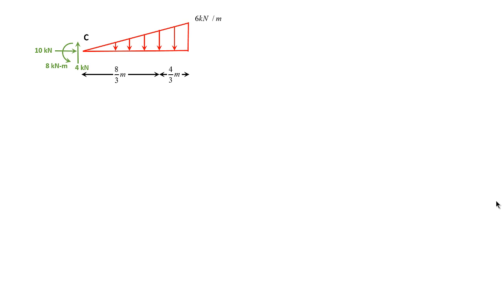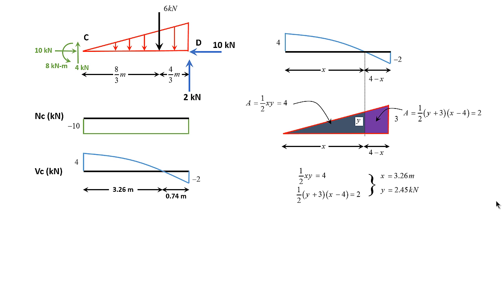Alright, now with the moment. The moment diagram, we need, because it's a little bit complicated. Let's go back here. The way we used to find the moment values is by calculating the area under the shear force diagram.